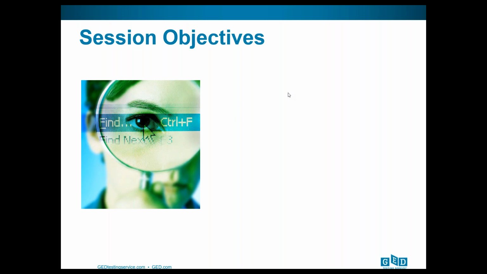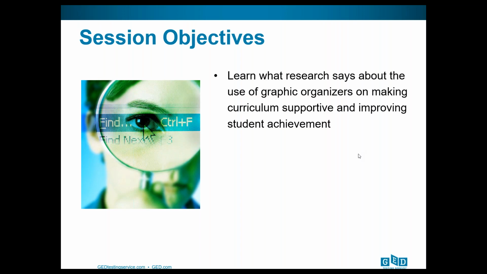Let's talk a little bit about what the session objectives are. One of the things that we know is that there's been a lot of research about the use of graphic organizers. And they are not only supportive of whatever curriculum you're using, but can also improve student achievement. So we'll talk a little bit about that today.